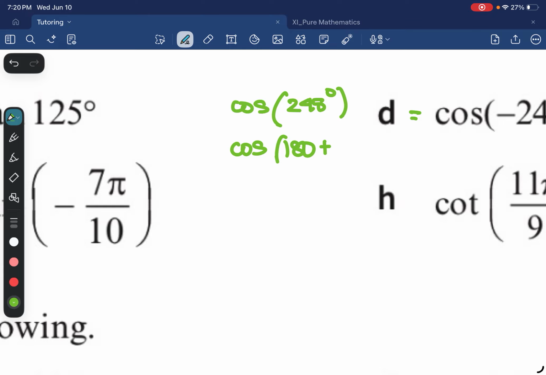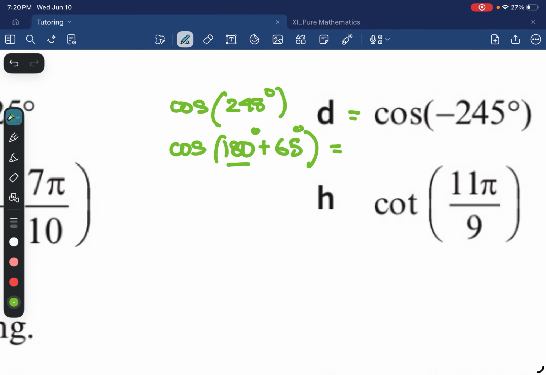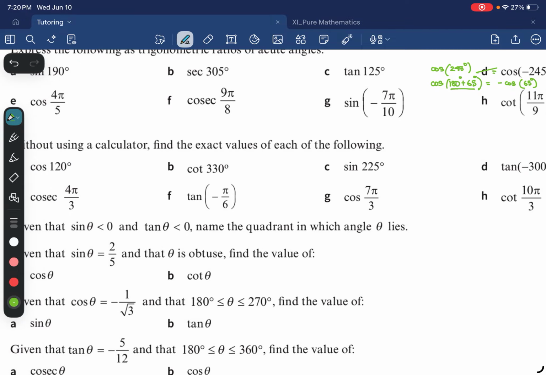And if you think about it, the number is going to be 65. Cosine 180 plus 65. Now that I've written it in terms of 180, cosine remains as cosine 65. And this is in the third quadrant. In the third quadrant, cosine is negative. So it's negative cos 65 degrees. All right. So we are done with part D.